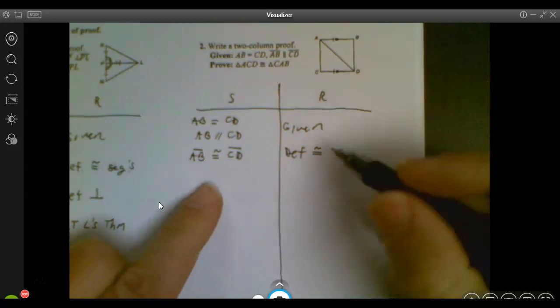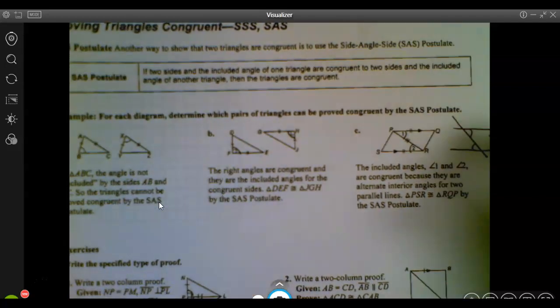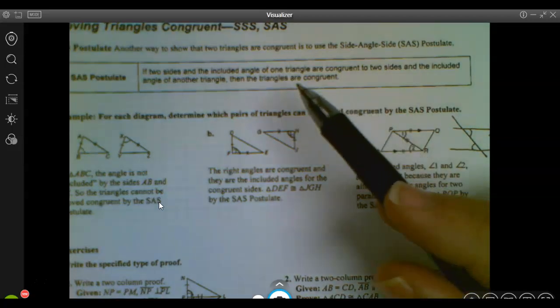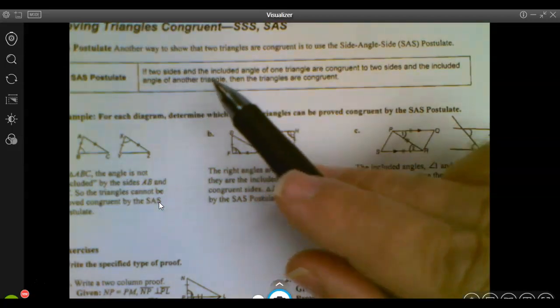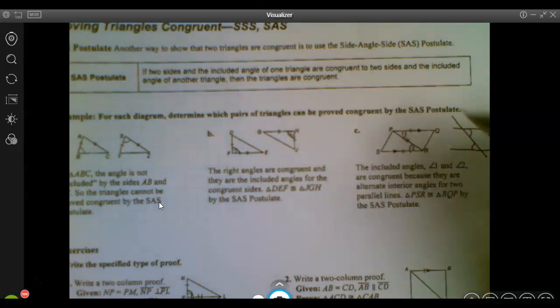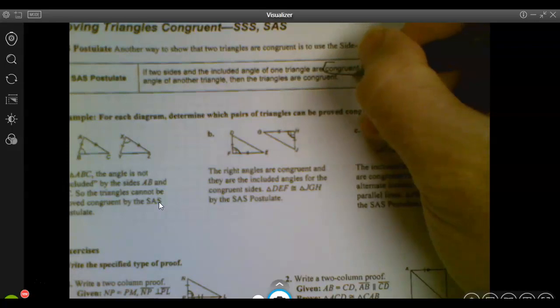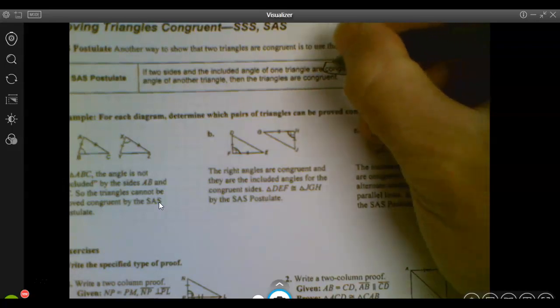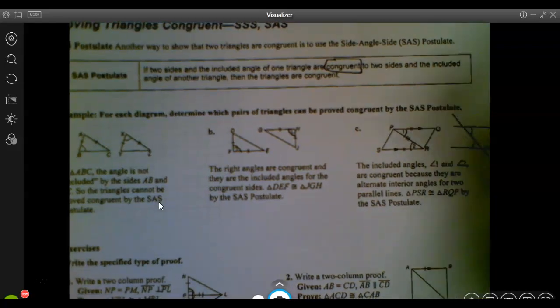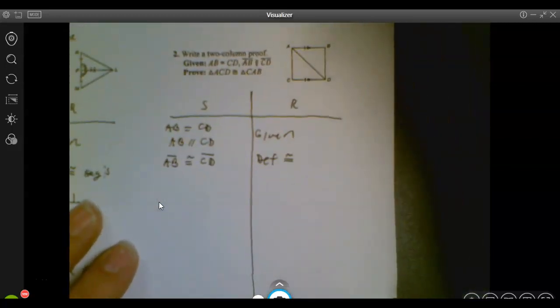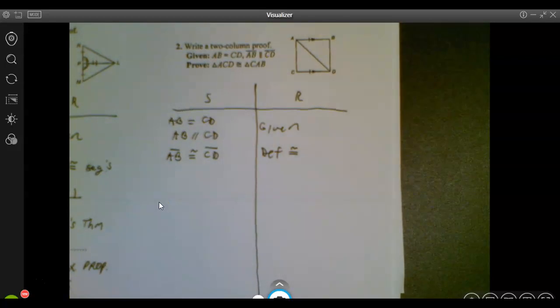The reason I'm doing that, just so you know, is if you look back at what the postulate says, it says that the two sides and the included angle are, here's your key word, congruent. It doesn't say they're equal. It says they're congruent. So that's why I'm taking that extra step of identifying congruent parts, not equal parts.